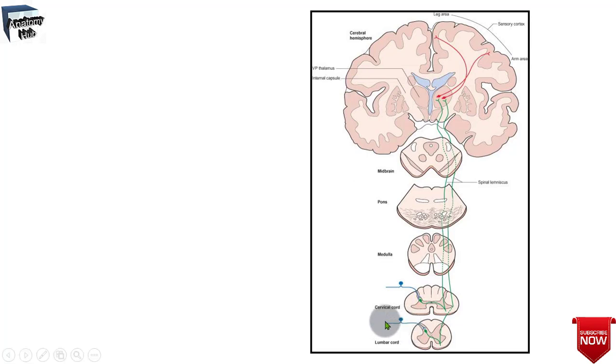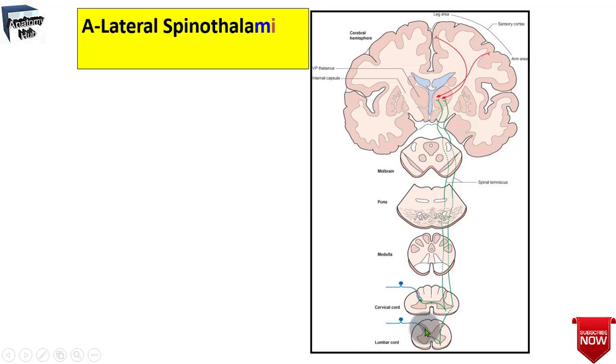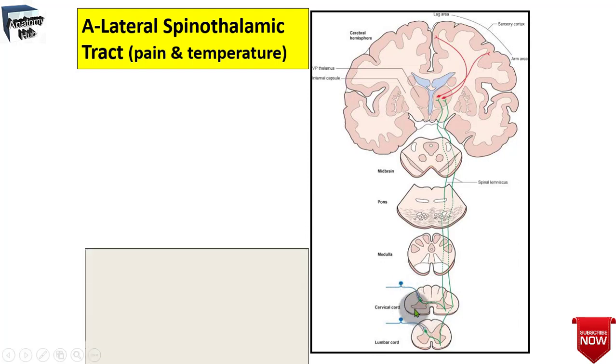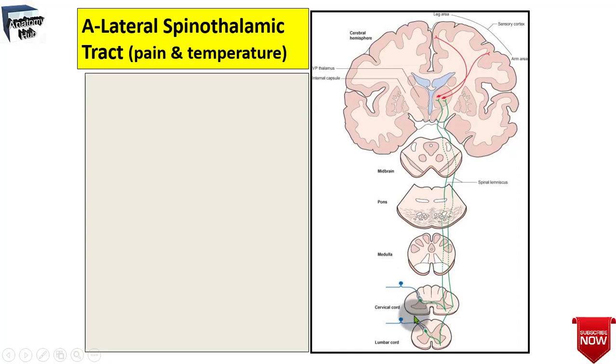first order neurons of these tracts, they terminate by synapsing in the posterior gray column, mainly at the first lamina, the fourth lamina, the fifth lamina, and the sixth lamina, with the cells of the substantia gelatinosa, mainly at the second lamina that is present.